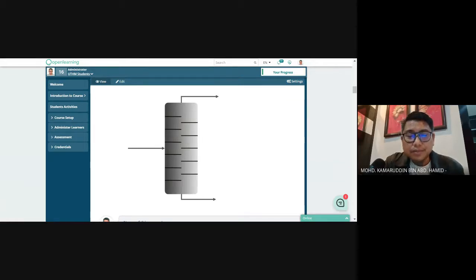Yang mana mungkin yang masuk tu adalah single liquid, single gas ataupun multi-phase liquid and vapor. But once it goes inside the column, some of the condensable gas akan terkondens. Dalam bahasa Melayu apa? Bukan tersejat.